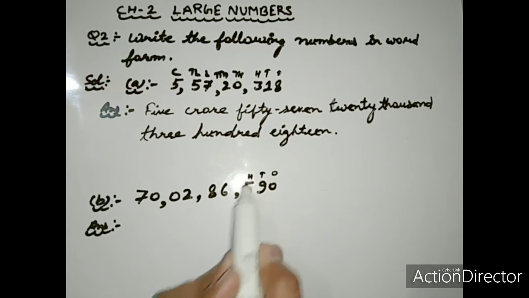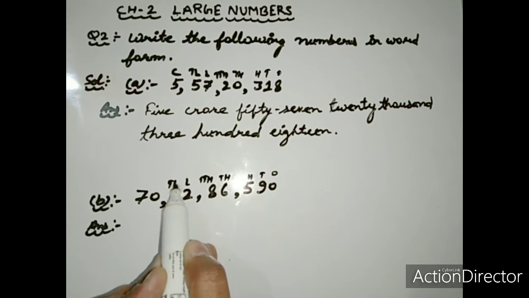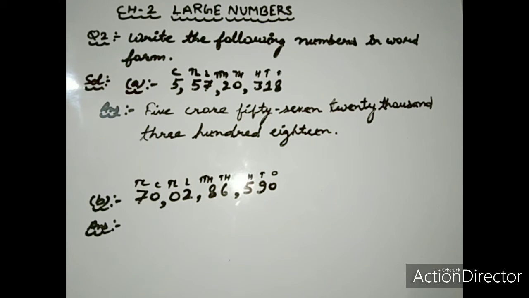Now the second number, B. Ones, tens, hundred, thousand, 10,000, lakh, 10 lakh, crore, 10 crore. So here we write the number in word form. First the crore place: we write 70 crore. 2 in the lakh place, so 2 lakh.